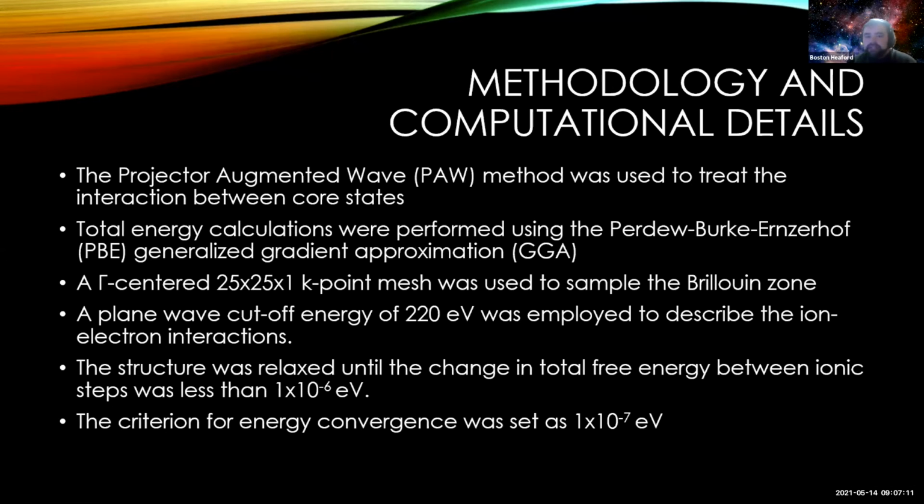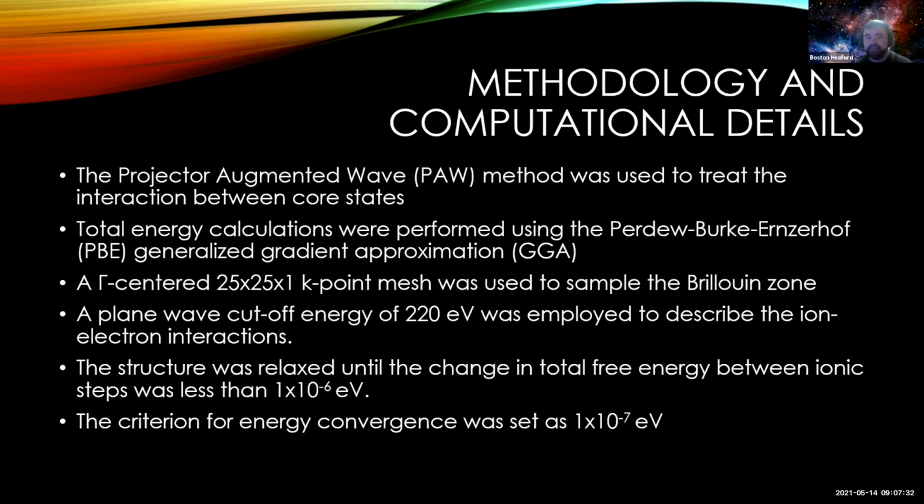So a little bit more detail on the computation. I used the projector augmented wave method to treat the interactions. The total energy calculations were performed using the Perdew-Burke-Ernzerhof generalized gradient approximation.